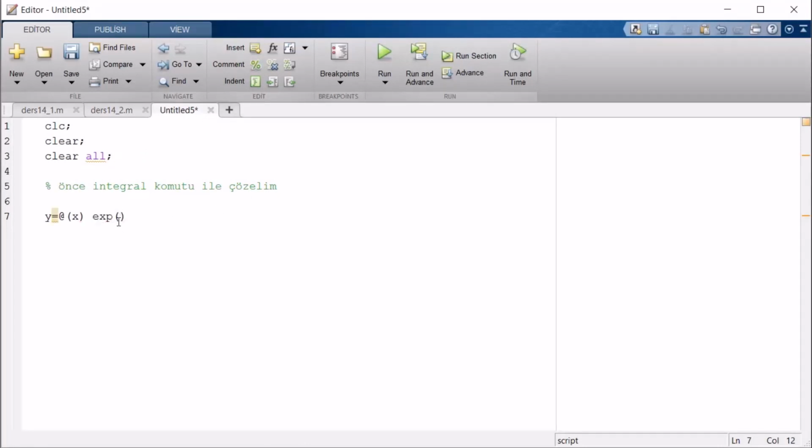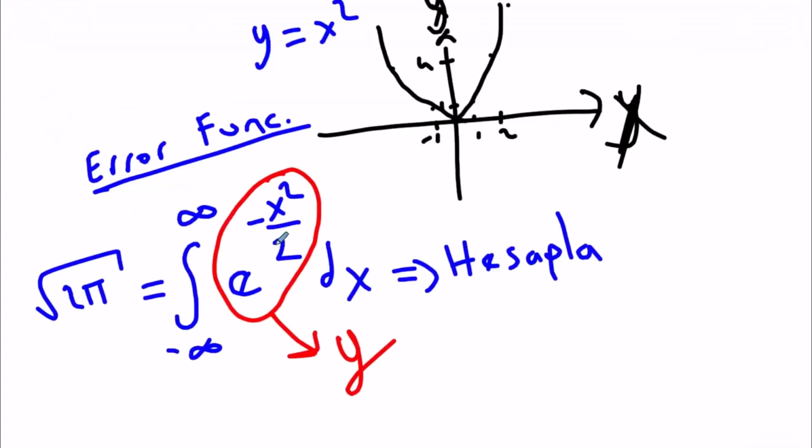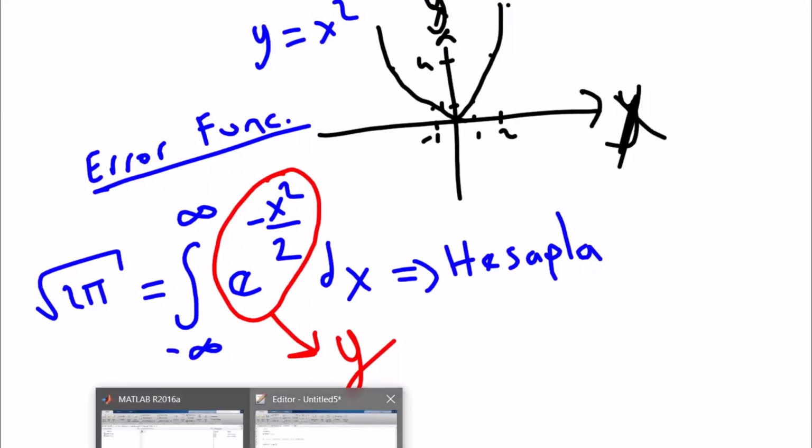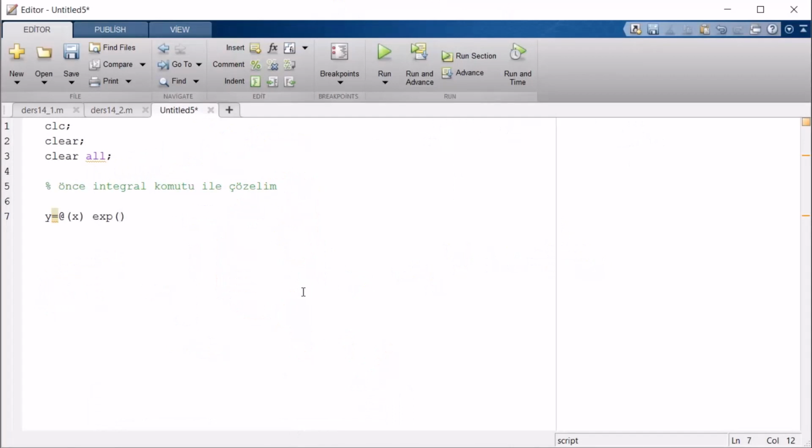We will write the exponent of e, so typing exp and opening brackets means writing the exponential part. The exponential part is minus x squared over 2. What are we going to write then, friends? I'm always cautious, and one of the next videos I'm thinking about taking is a video titled how to write long equations without errors.